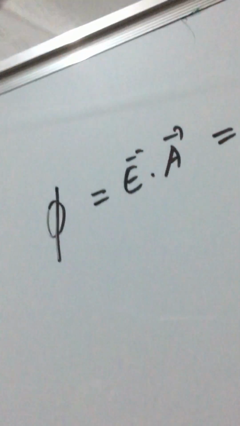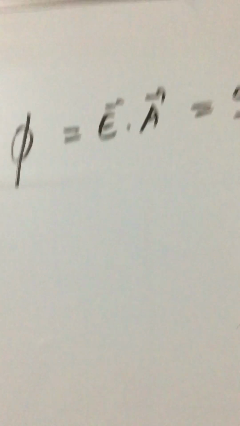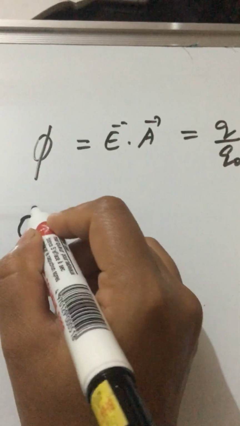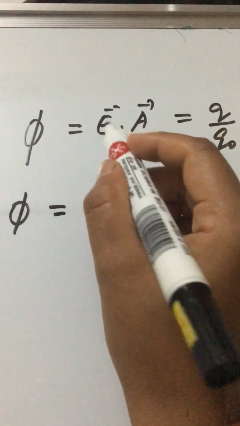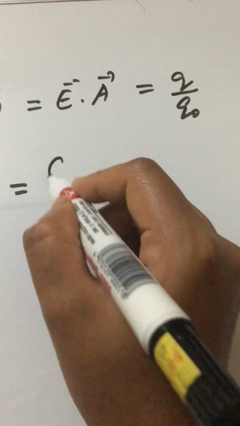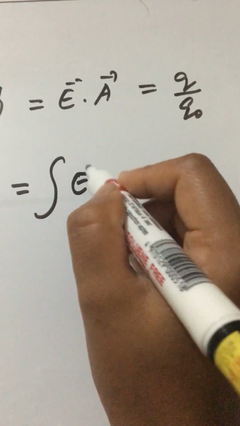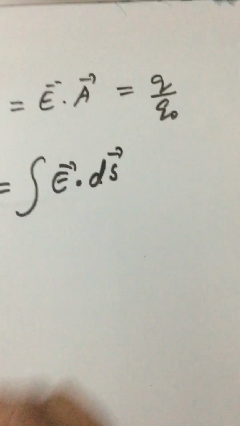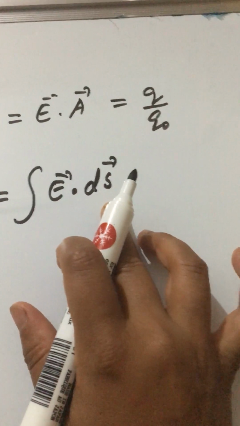Then if I write this in general, sometimes the electric field may not be uniform, so it can be written as the integral of E dot ds or dA, depending upon the textbook.